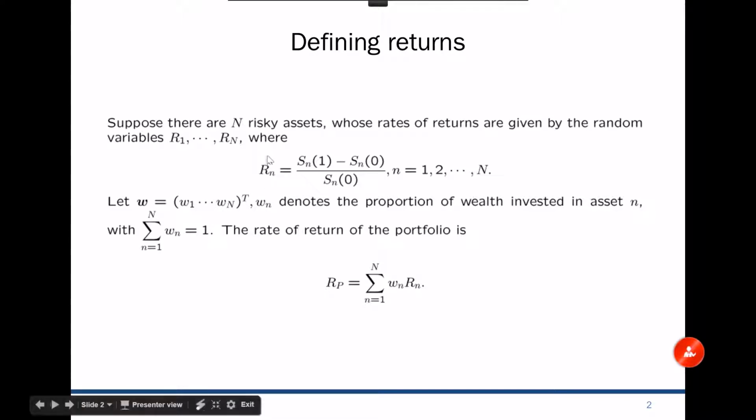Now we have the return of each asset and we have the portfolio weight. Therefore, we can define portfolio return. Portfolio return RP is simply the weighted average of the return of each risk asset.